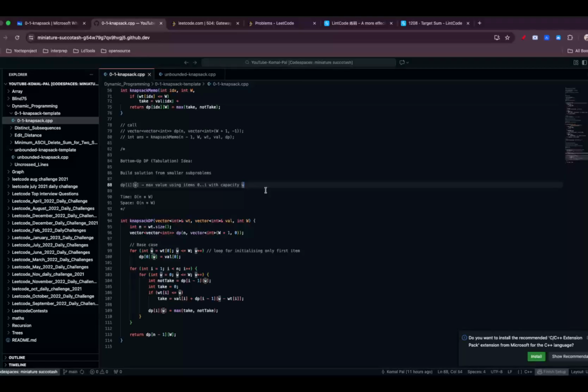That is the reason we take at any particular instance whatever weight is there, and see how much maximum value we can attain with the items which are there.